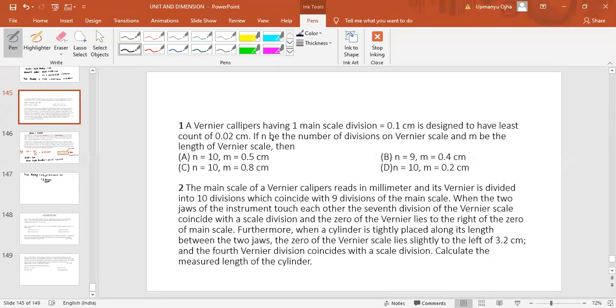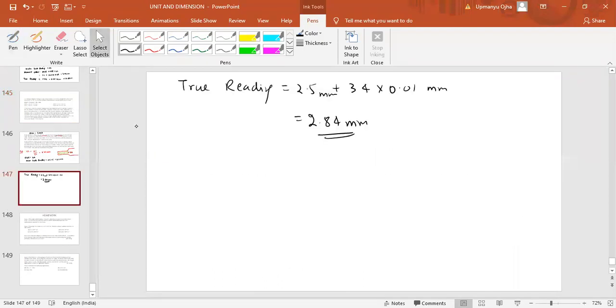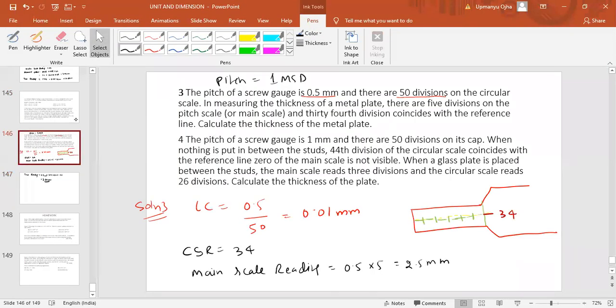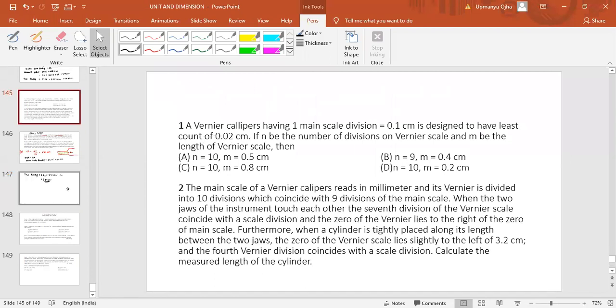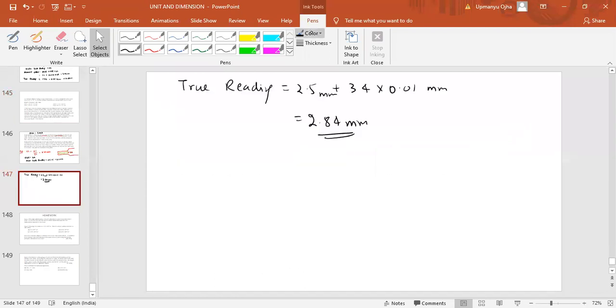Now see, what they are telling us is that the vernier caliper has one main scale division of 0.1 centimeter.